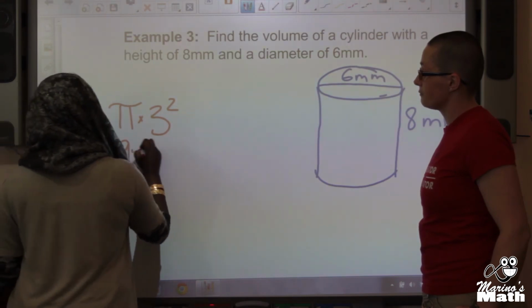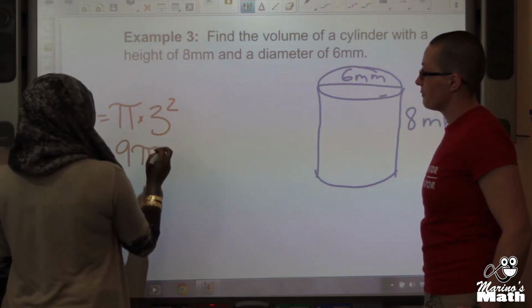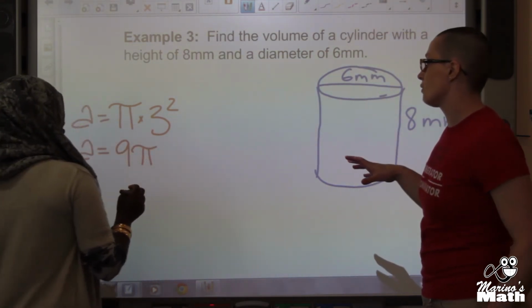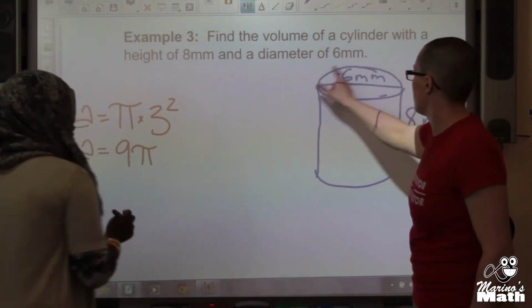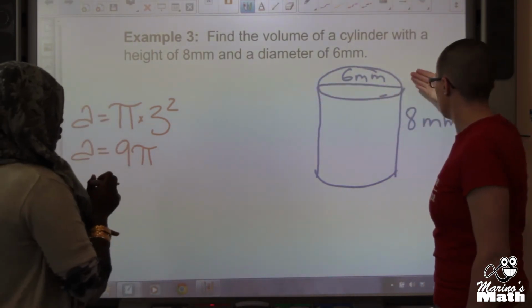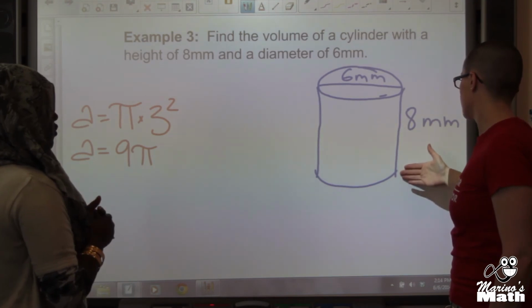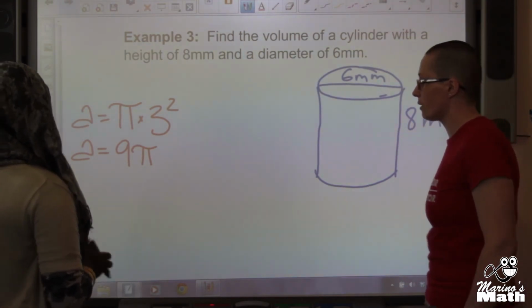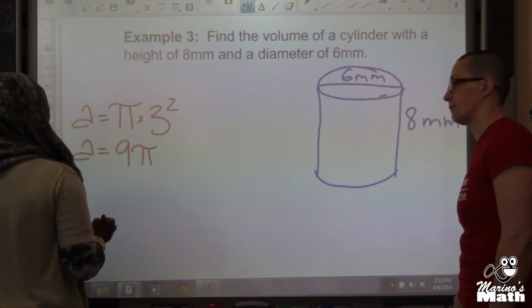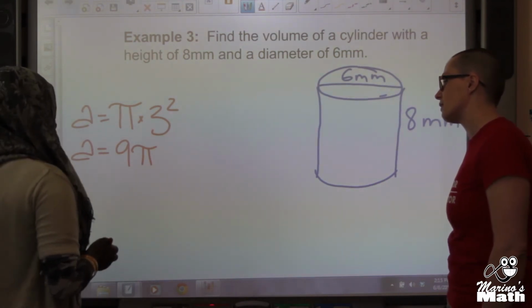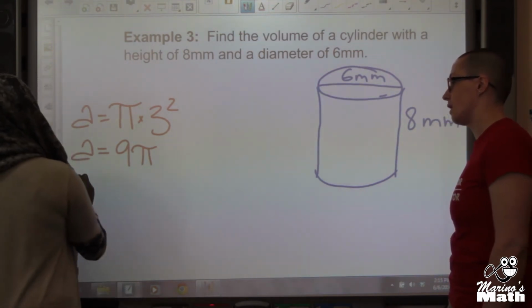We're not going to worry about it yet. So now we have one circle. And imagine that we're layering 8 of them on top of each other. So we're just going to multiply the whole thing by 8, and that will give us the volume. So the volume will equal 9 times 8 times pi.